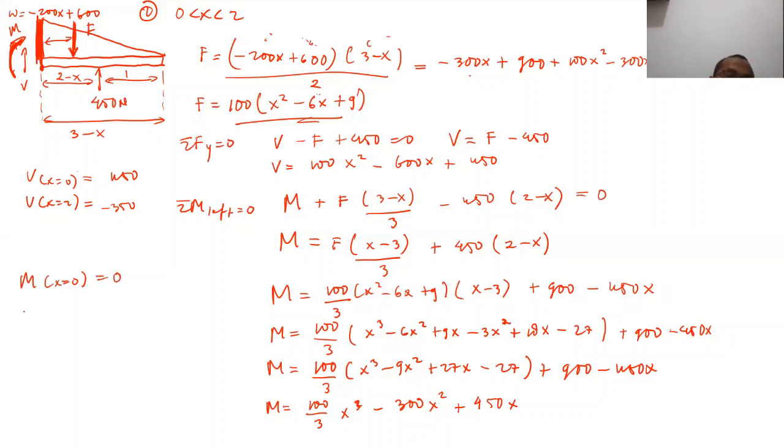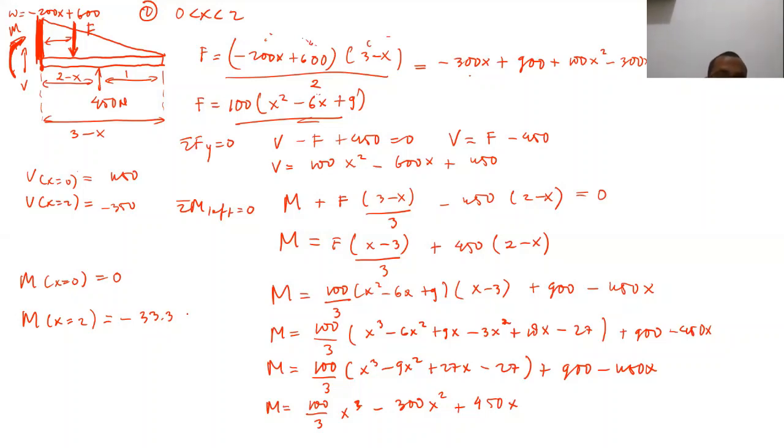And then the moment at x equal to 2 meters, the value will be minus 33.3.